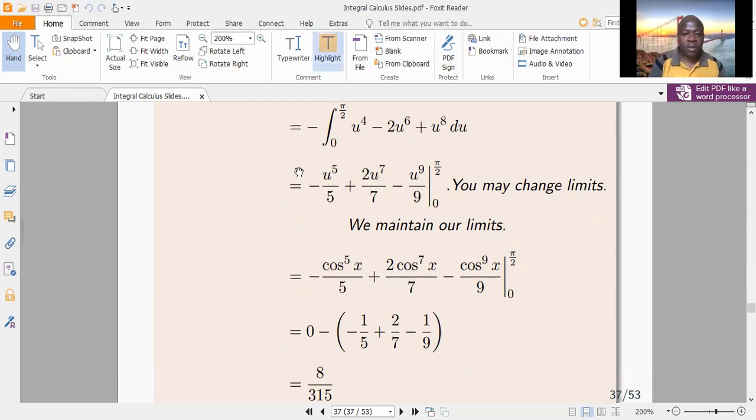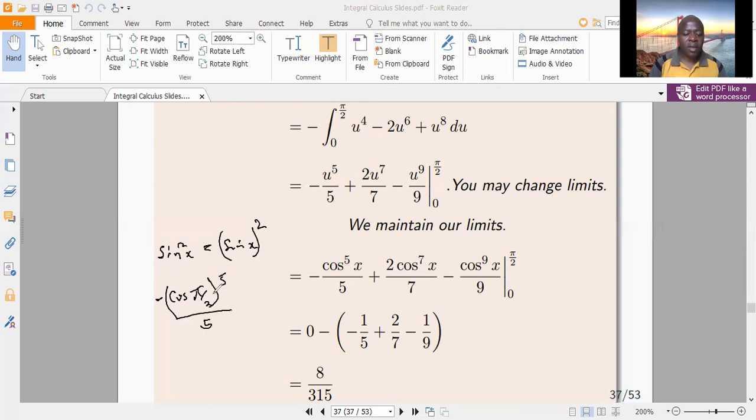Of course, you must know that when we write sine x squared, this is just the same as sine of x raised to 2. I'm doing this so that it's easier for you to use your calculator. At this point, you're just doing negative cos, where there is x, you write in pi over 2, then raised to 5, then over 5.